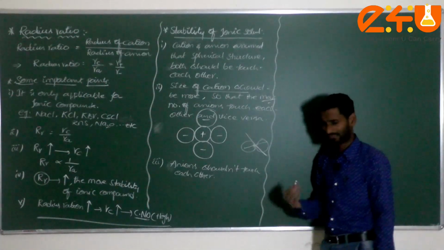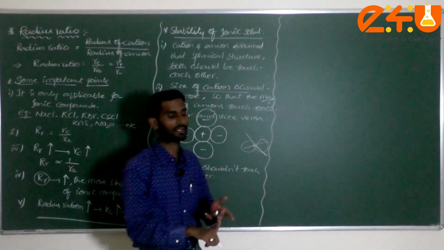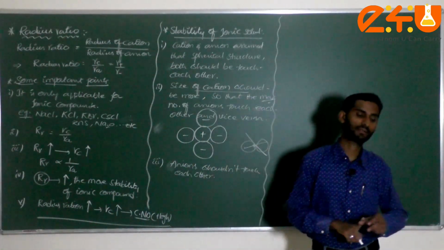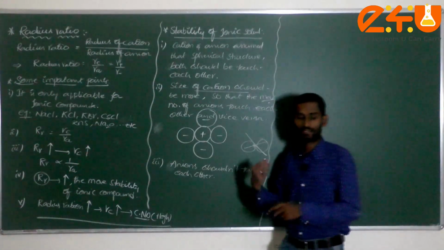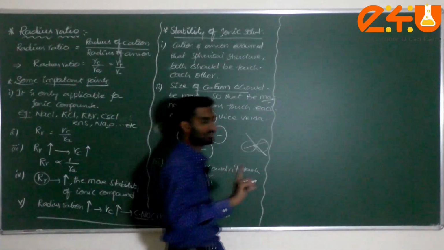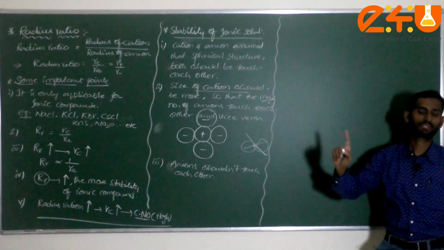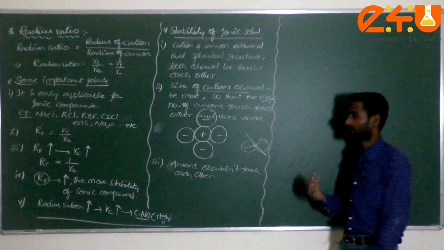Now let me take different types of solids. We have linear, triangular, tetrahedral, octahedral, HCP, cubic, everything. Then finally you have to calculate the radius ratio for each one. First, how to calculate the radius ratio? I am taking one type of void.